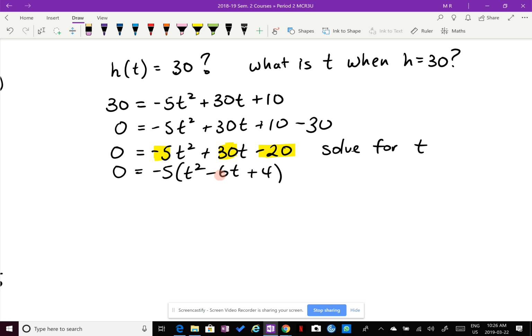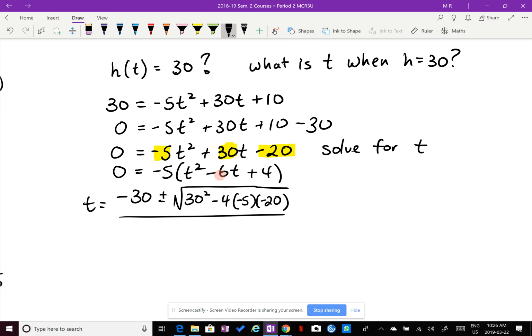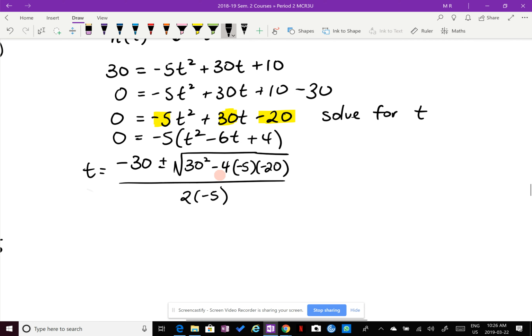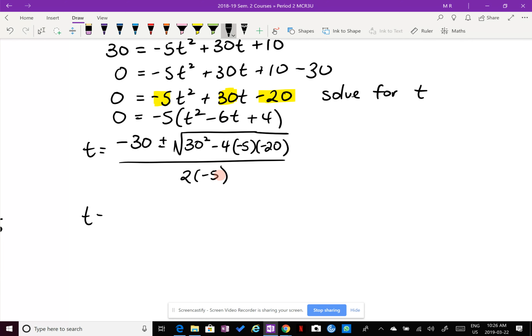So if I plug that into my quadratic formula, t equals -b, so negative of 30, plus or minus the square root of 30 squared, minus 4 times a, which is -5, times c, which is -20, over 2 times -5. Now this one I'm going to solve just using exact values. Okay, so -30 plus or minus 30 squared is 900.